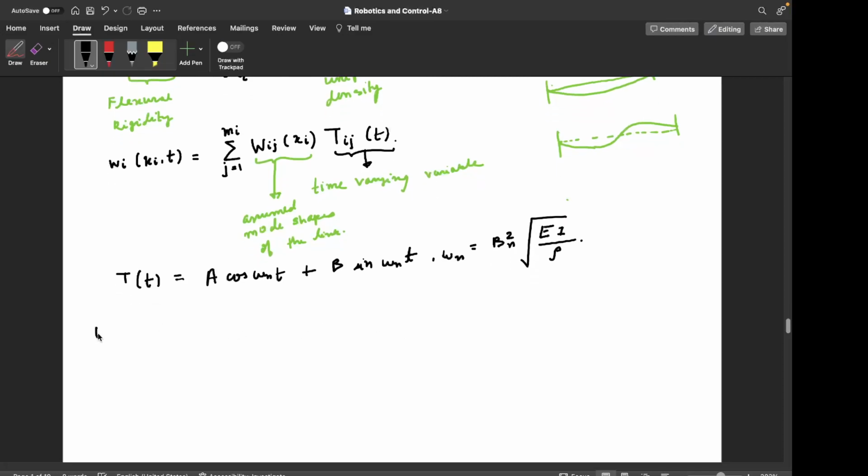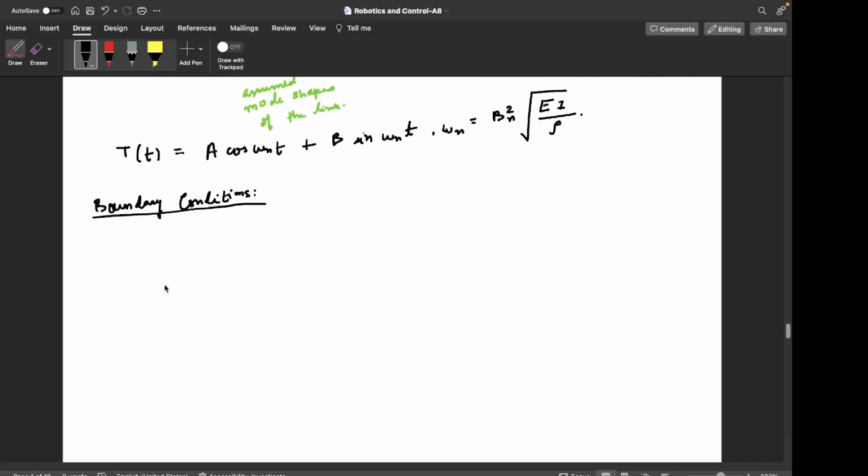Yeah, and boundary conditions, which are very, very important. At the base of the link, the deflection is 0, right?